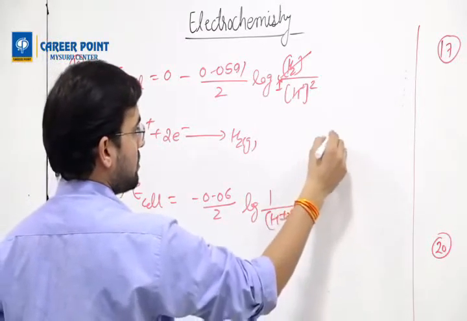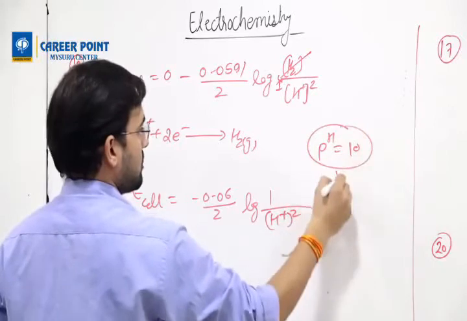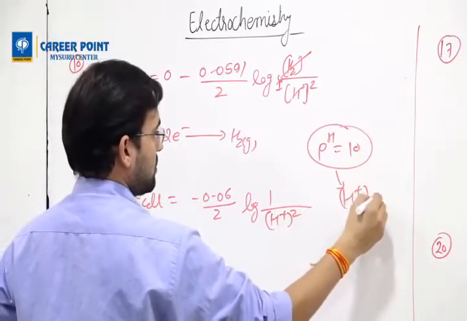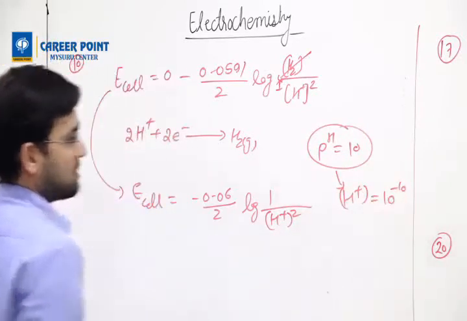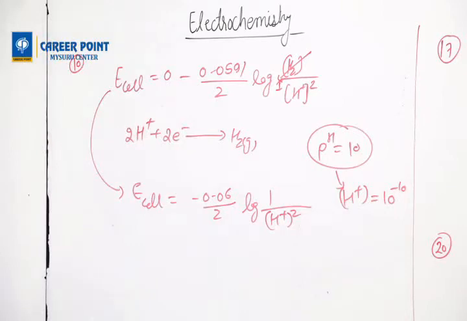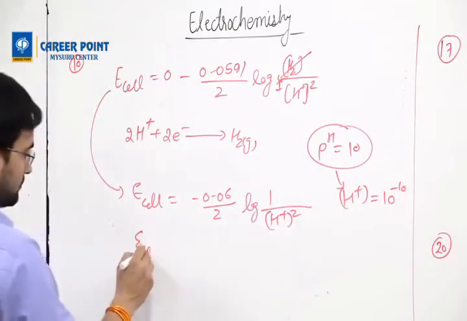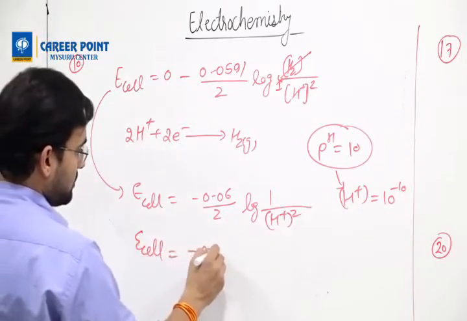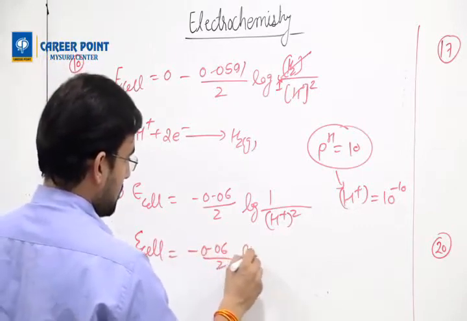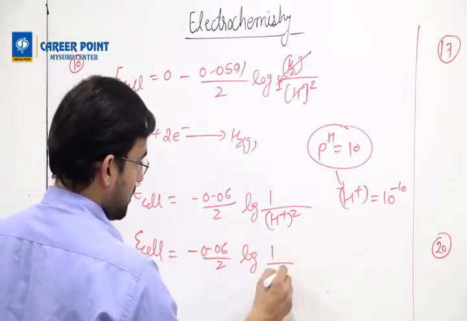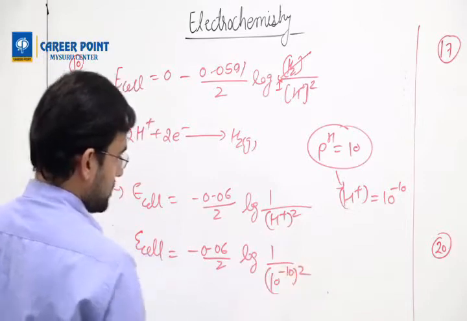Now pH equals 10, so H plus equals 10 power minus 10.